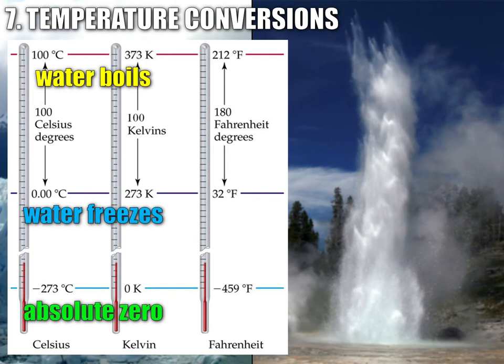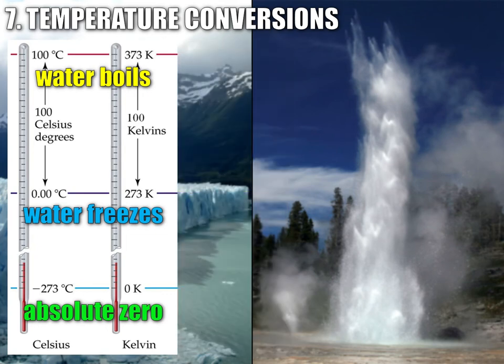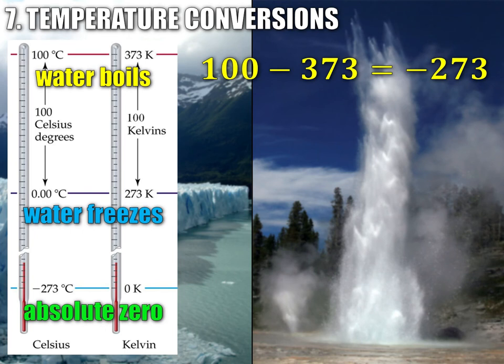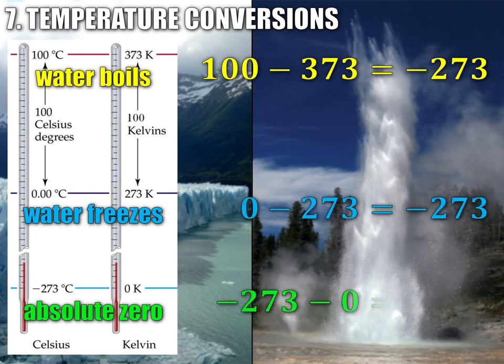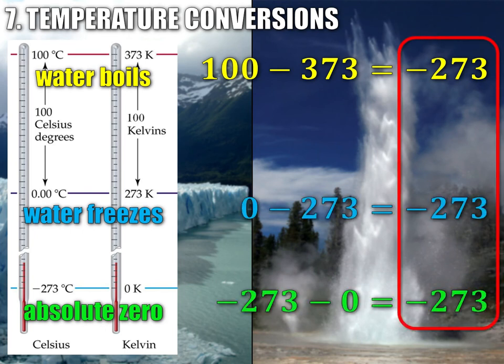Unfortunately, if you look at this picture, you'll notice that Fahrenheit sort of stands out as being odd. So we're just going to ignore Fahrenheit for now. What we notice here is between Celsius and Kelvin, they both have 100 degrees between freezing and boiling. There's 100 between freezing and boiling. In fact, if we take these temperatures and subtract them, we notice that we always get the same result. We get negative 273.